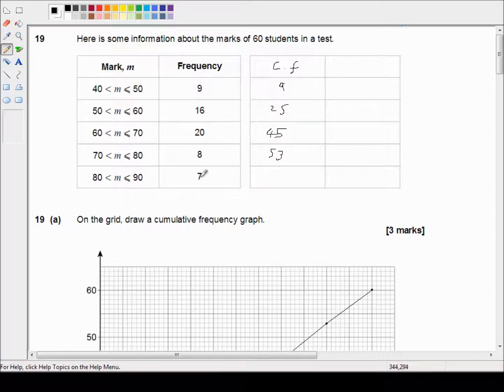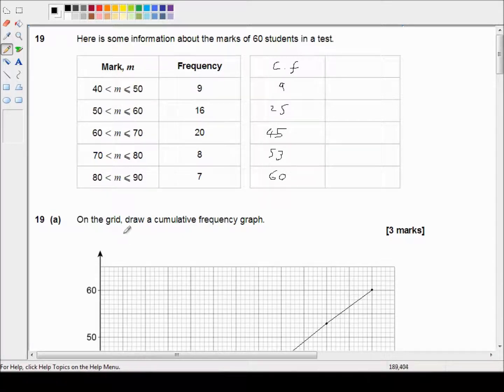And lastly, if 7 students scored between 80 and 90, then 53 plus 7 is 60 students scored below 90. And a quick reality check, we're told in the question, here is some information about the marks of 60 students in a test, and these numbers do indeed add up to 60, so we can be fairly confident that we've added our numbers up right.